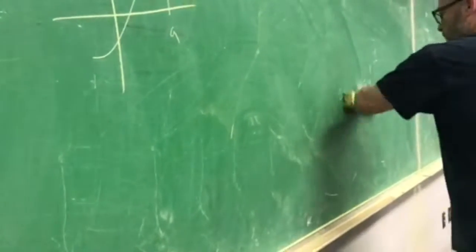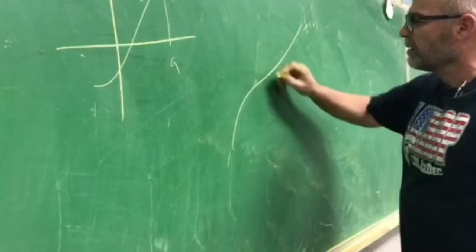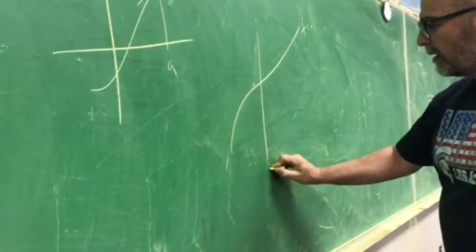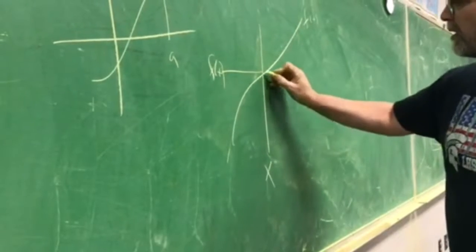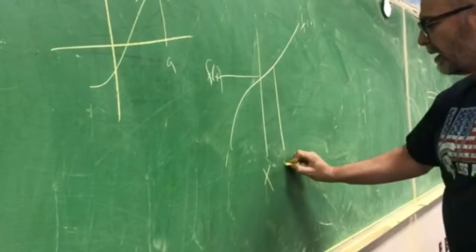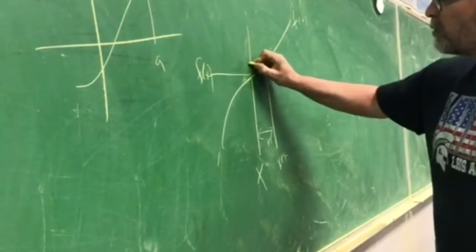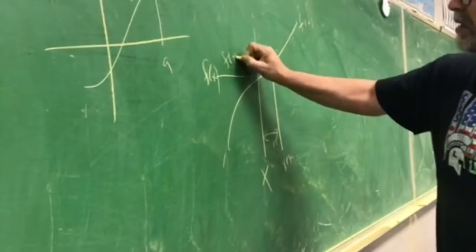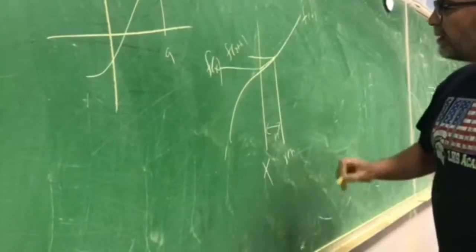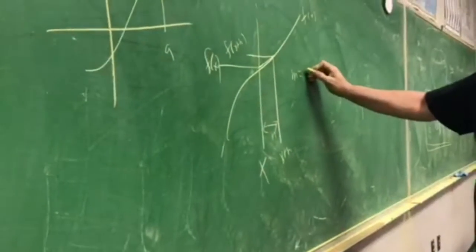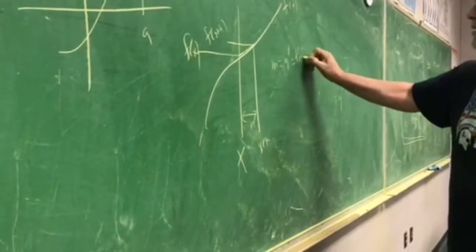So we will have f of x, some point x, and f of x. We're going to come over to x plus h, which means we have a distance of h, which will bring us up to f of x plus h. So the slope of that line right there, we'll call that the derivative, which could be y prime or f prime of x.